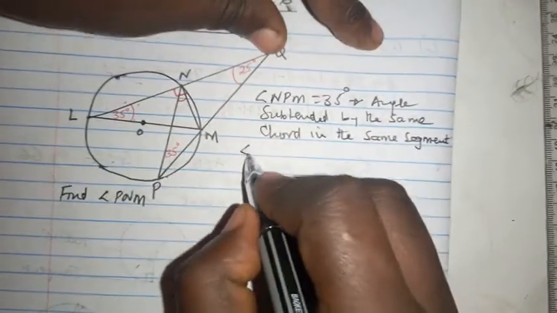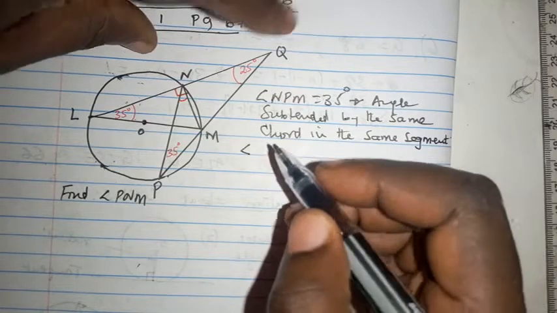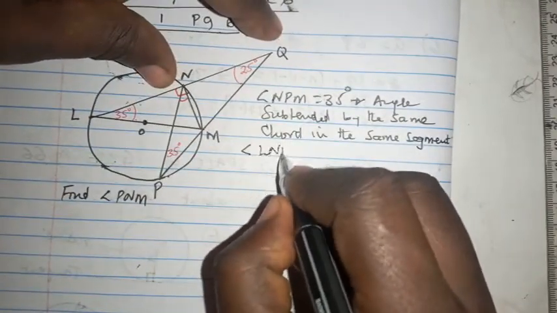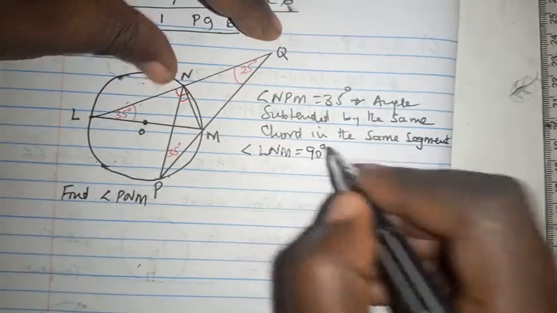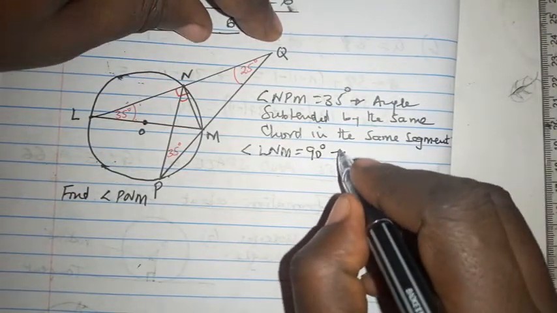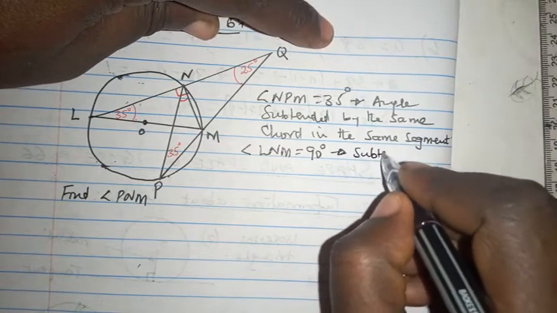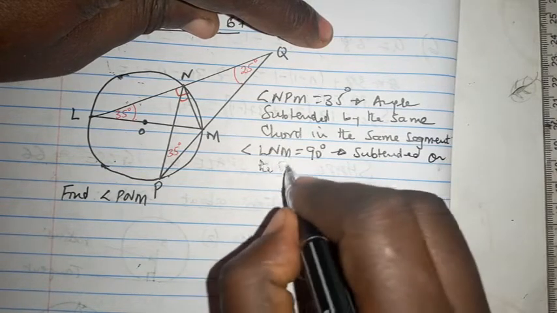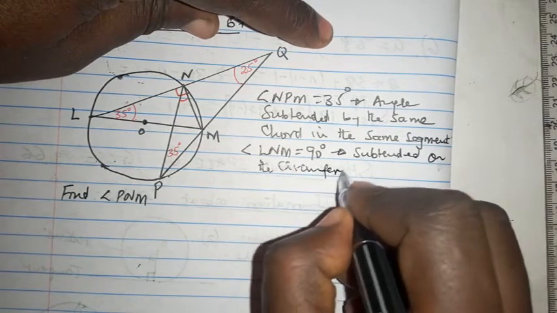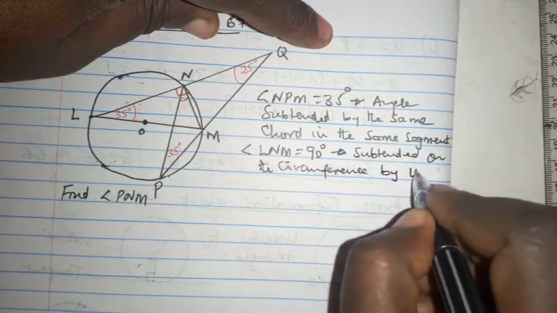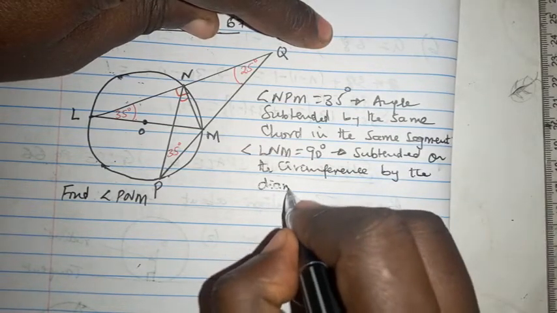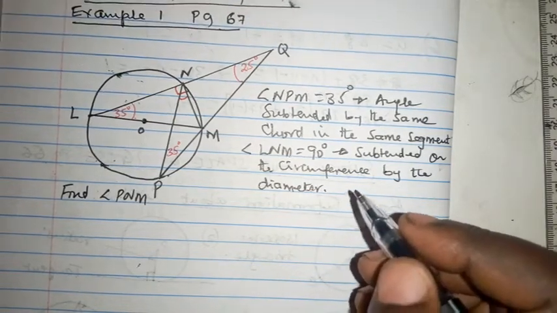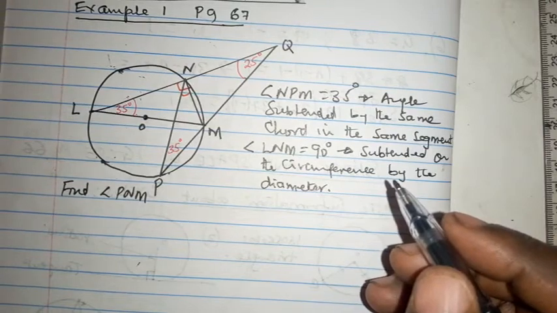Having said that, let me also say that angle LNM is 90 degrees. Reason being, it is subtended on the circumference by the diameter. Any angle subtended by the diameter on the circumference is 90 degrees.